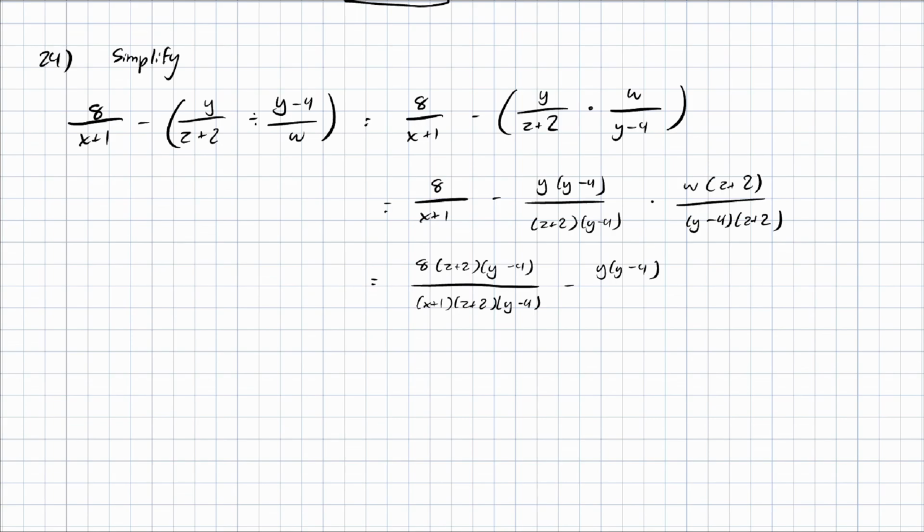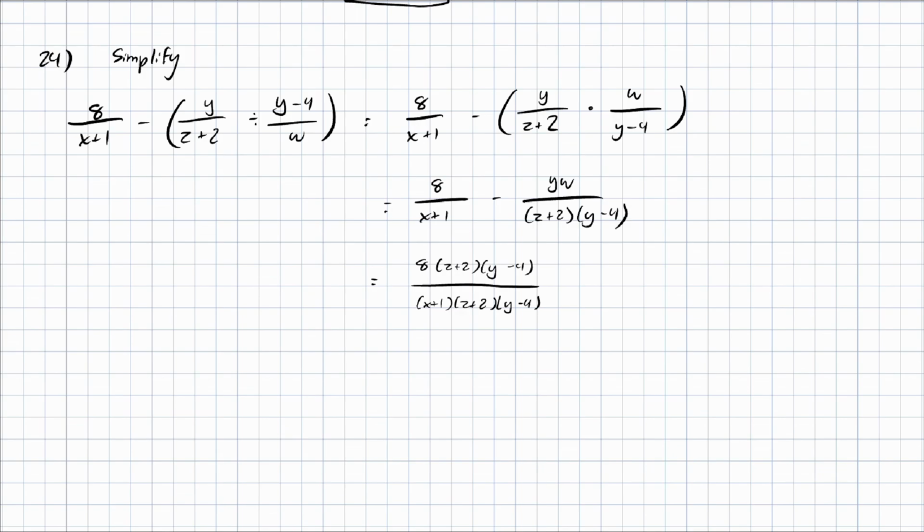I'm missing the x plus 1, so that goes here. Then this is times the, wait, hold on, this is times, okay. Whoopsie daisies. Thankfully, I'm still right for doing this. This is yw over z plus 2 y minus 4.